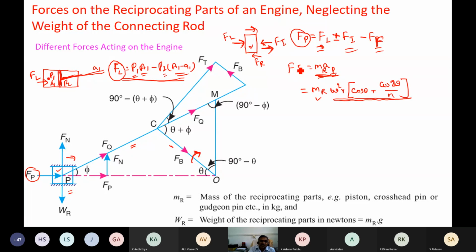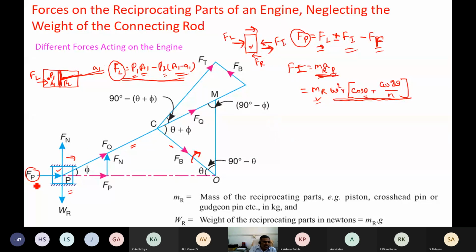So this will give the inertia force. Right? Here, by substituting the value of theta, the sign will automatically come, minus or plus. You can directly substitute. Acceleration or deceleration, everything will come. No problem. Right?